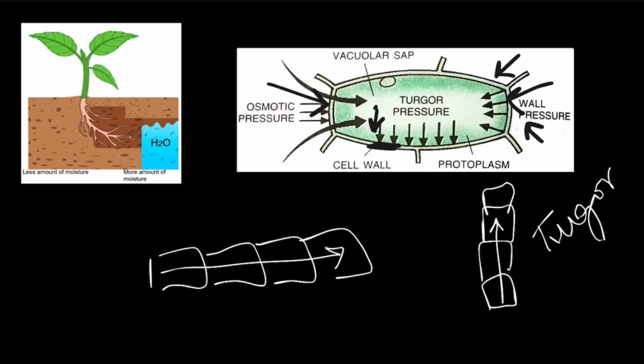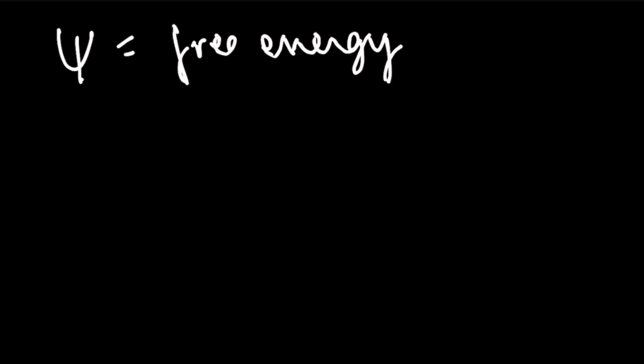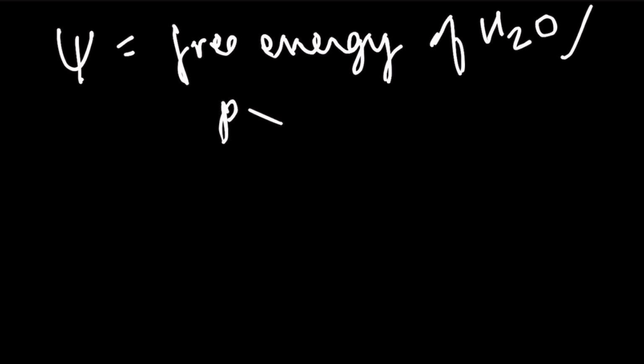Now, let's take an example of a very simple calculation. Before that, I'm just going to roughly tell you about the definition of water potential. So water potential is actually the free energy of water to move around, per unit volume.